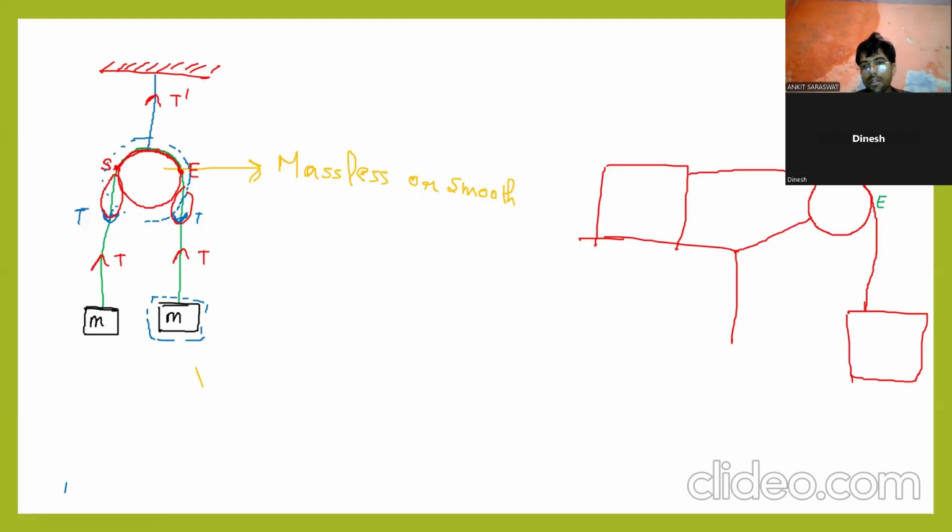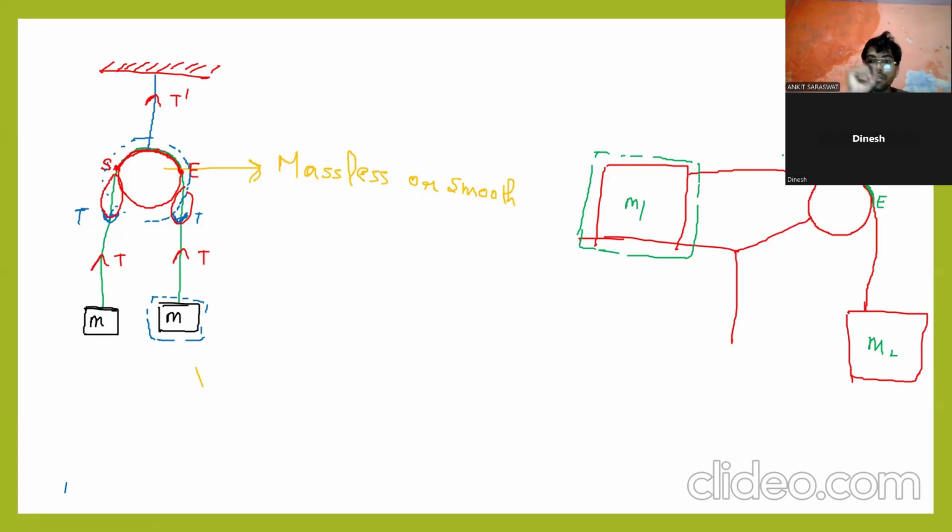And if I ask, this is the starting end, this is the end. Here is the length of the string on the pulley. This much only, start or end. Could you please tell me, if this is your system, M1, and this is M2, if this is your system, what is the direction of tension force?